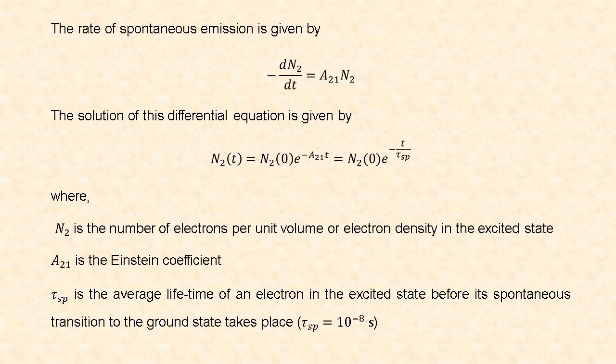This is also equal to N2(0) × e to the power minus t by tau_sp. Here tau_sp is the average lifetime of an electron in the excited state before its spontaneous transition to the ground state takes place. Its value is about 10^-8 seconds.